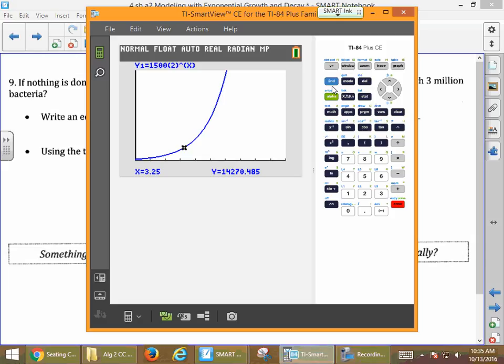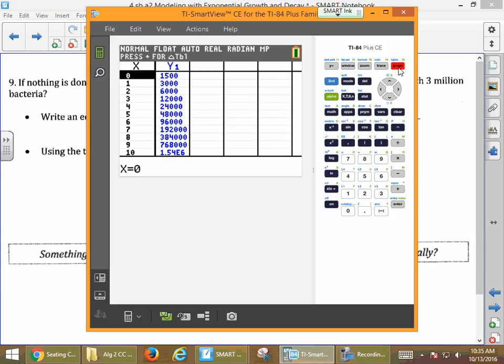And when we go over here, second and graph, like we practiced yesterday, on this calculator screen, it depends on the screen. Some of them do it and some of them don't. We've seen these numbers here from the 1500 to the 48,000, then we're doubling, and we're doubling, and we're doubling.